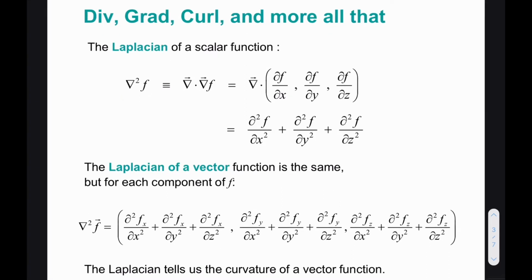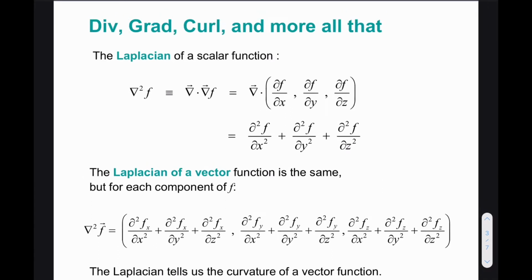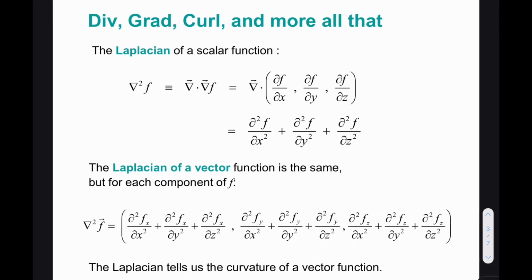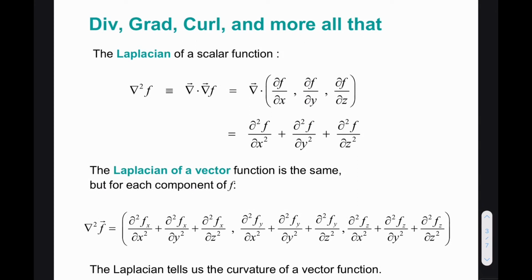So, when the Laplacian acts on a scalar function f, what we do is, first we take the gradient of the scalar function and then we dot it with the del operator. That is, we find out the divergence of the gradient.